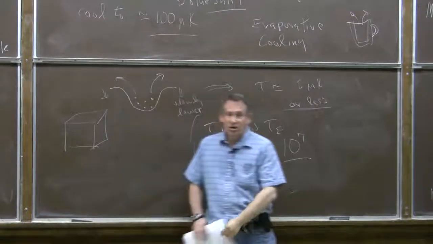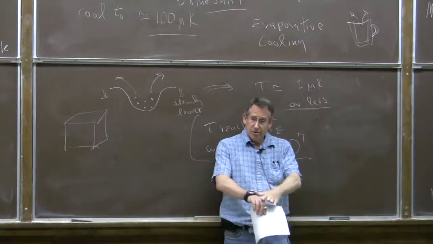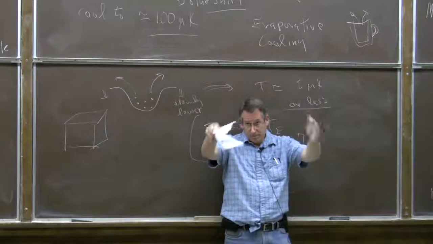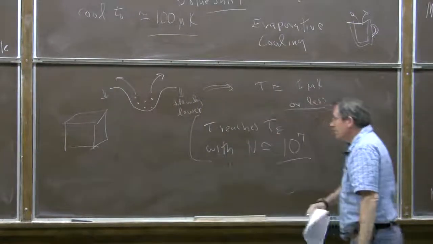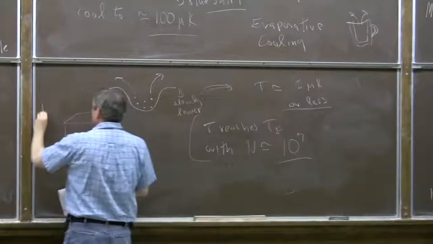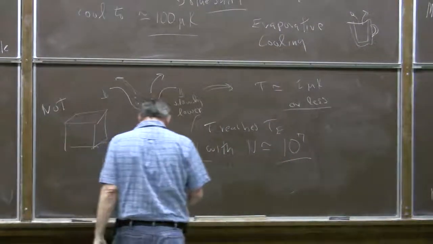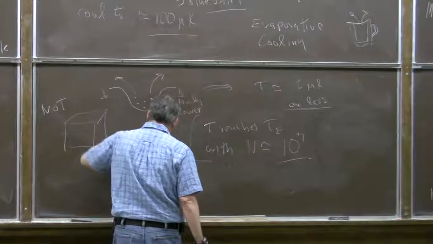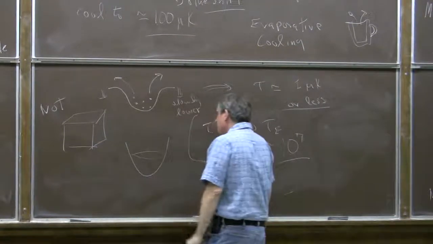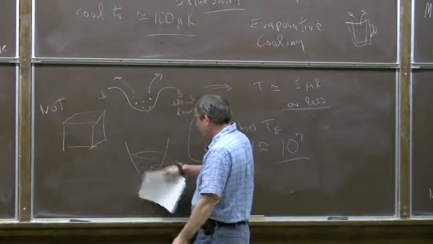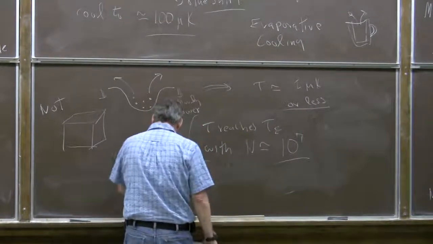So in a box, there's no potential energy in the interior of the box, and then there are hard walls that the atoms bounce off of. But that's not what we have here. What we really have is a harmonic well, or can be well approximated by a harmonic well. So this is actually a picture of the potential as a function of position.